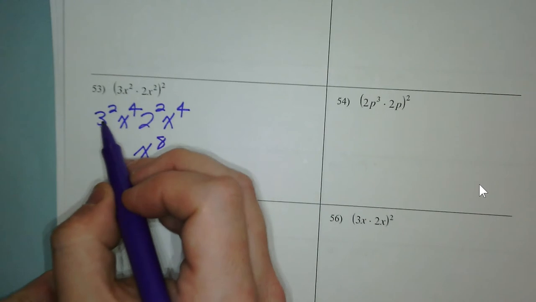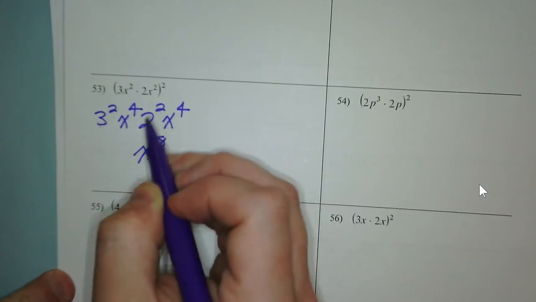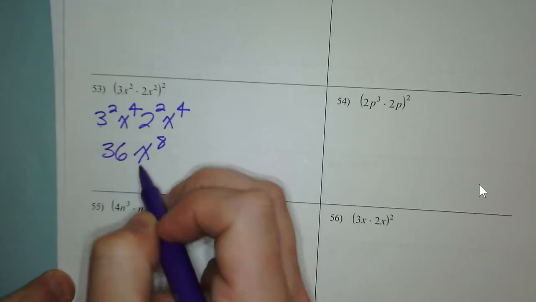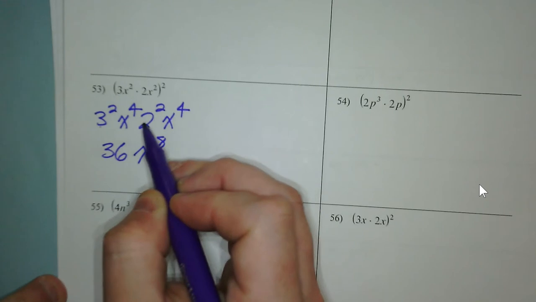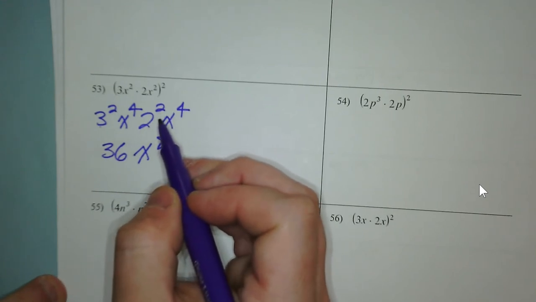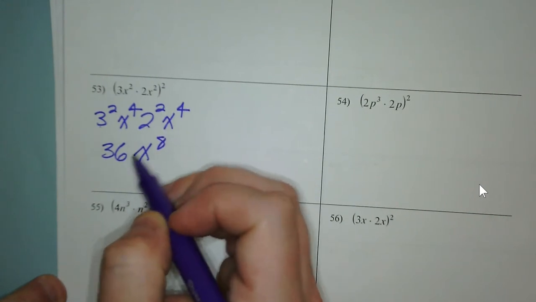And then you might want to go with, okay, that's really a 9, and that's really 4. So 3 squared's 9, 2 to the 2nd, just check your calculator, you're perfectly free to do that. 3 squared's 9, 2 squared's 4, and that makes 36.